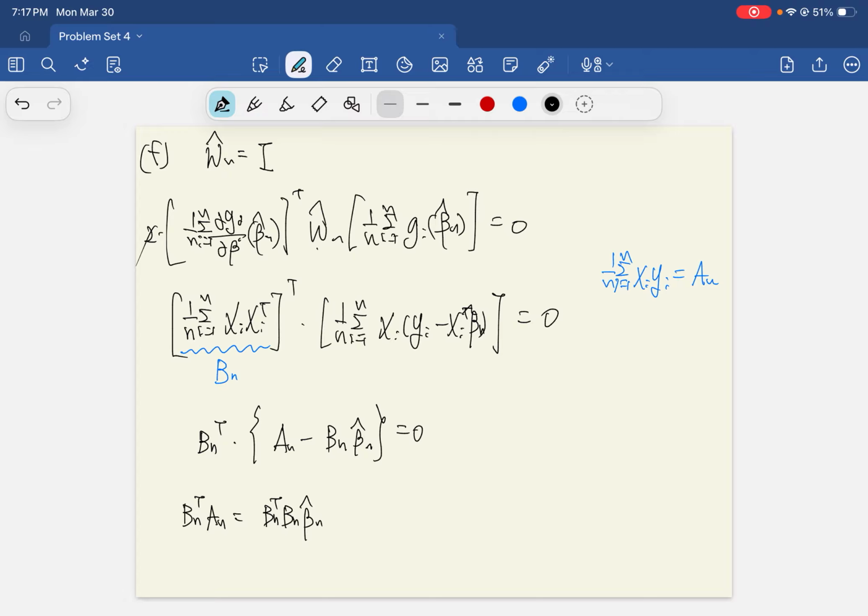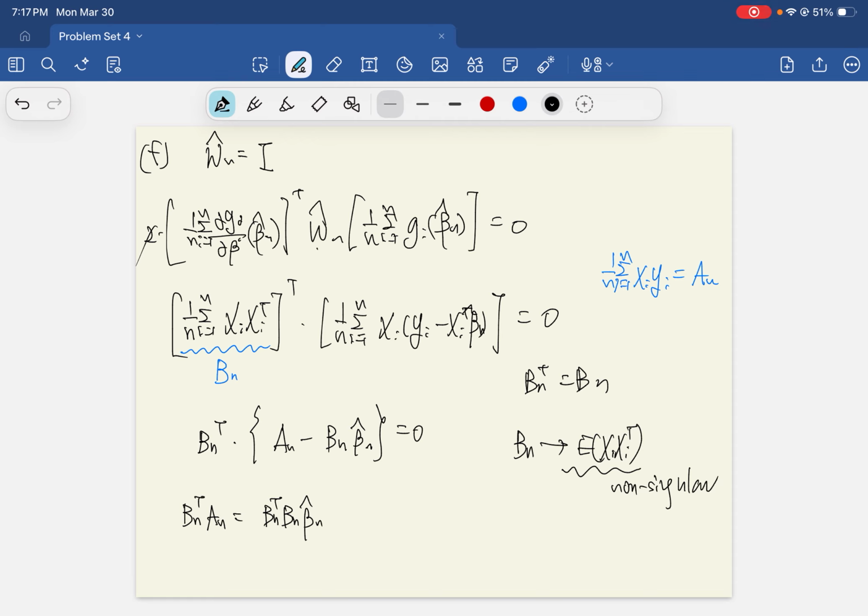Now think about this. Actually, b_n transpose is b_n, right? x x transpose is symmetric, so it doesn't matter. And also b_n converges to the expectation of x_i x_i transpose, which is non-singular.